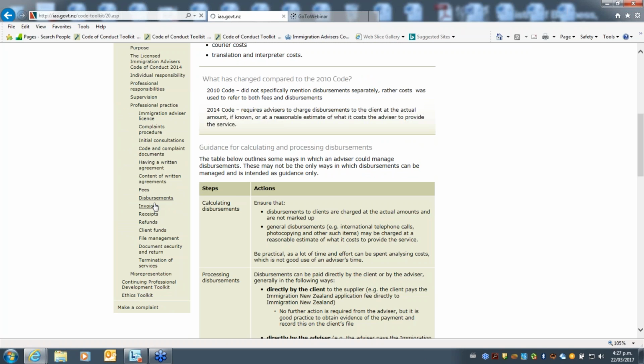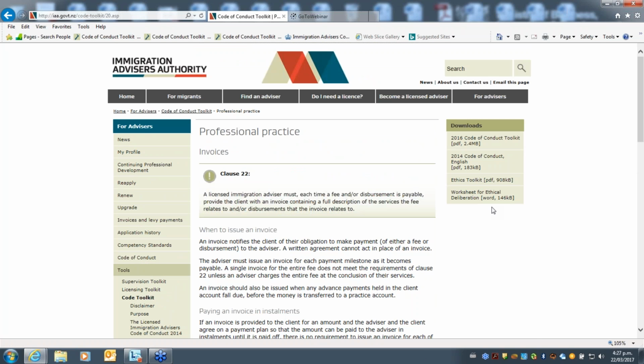So invoices: you are required to provide an invoice every time a fee or disbursement is payable. The invoice needs to contain a full description of the services that fee relates to. This is where it links back to the terms and conditions in your written agreement: your invoice needs to relate to those payment milestones that you've agreed, and the description of the services in your invoice should match the services that you had agreed in your written agreement were going to be covered in that particular fee payment.